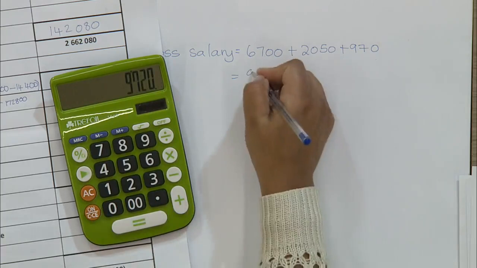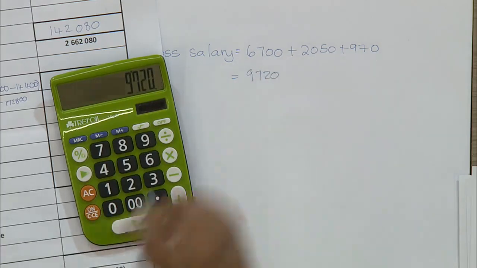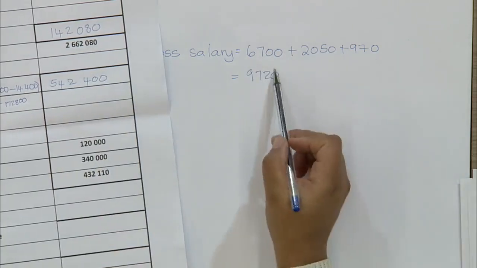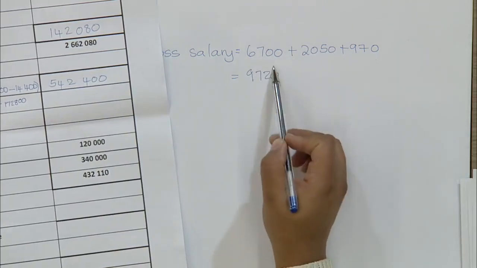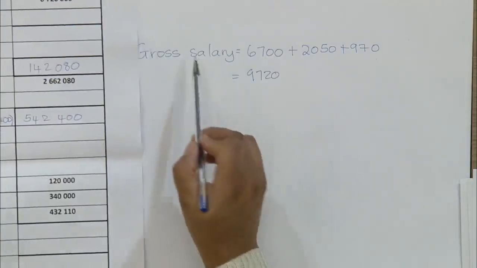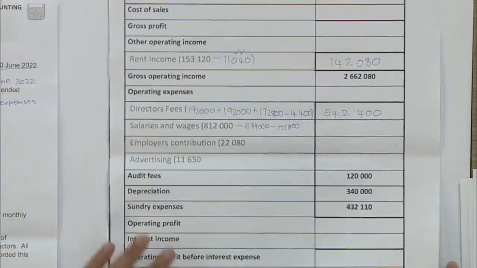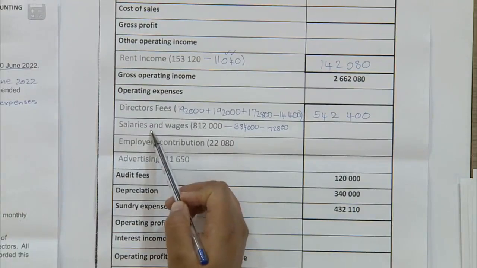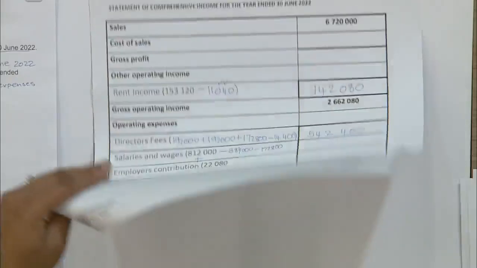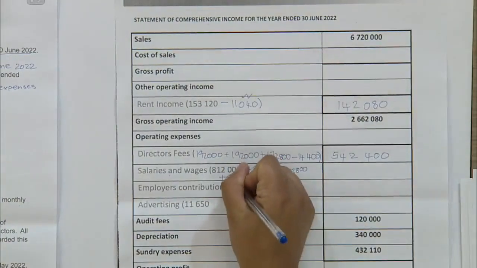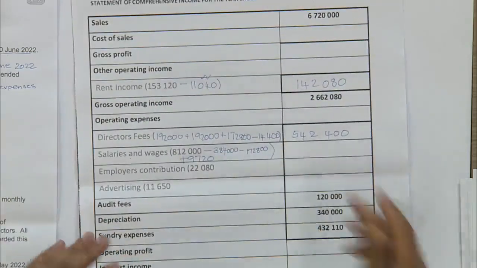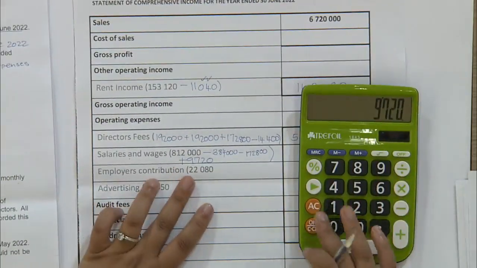Boom, it's 9,720. So that is the gross salary, which is your net salary along with the deductions, right? That gross salary impacts your income statement. So what are we going to do there? We're going to add plus. And what is the amount? 9,720.